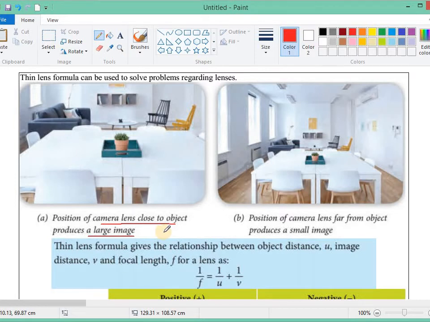This is through calculation of the image distance. Just by calculating the image distance, we can find out whether the object is going to become bigger or smaller. Position of camera lens far from object produces a small image.